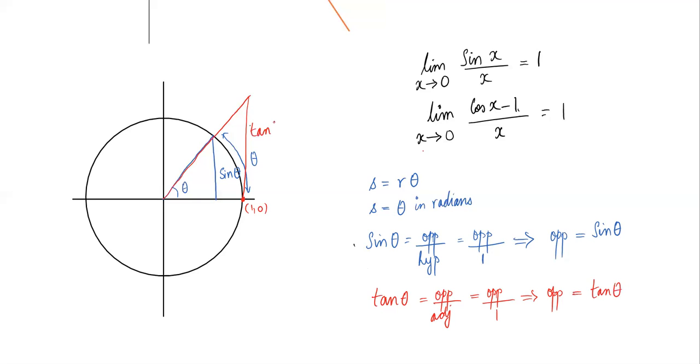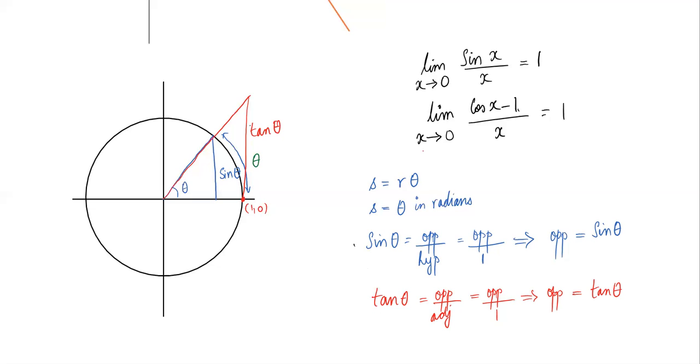So what we could say now is that this arc length theta, this blue one, maybe I'll call it green for convenience, is in between sine theta and tan theta.